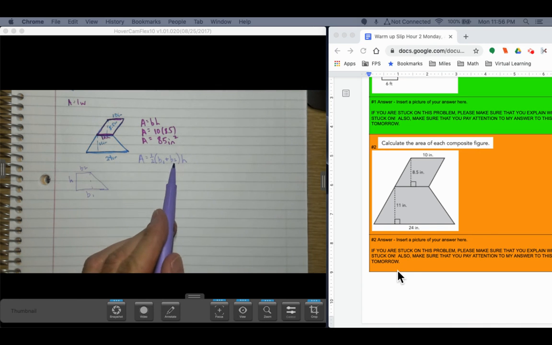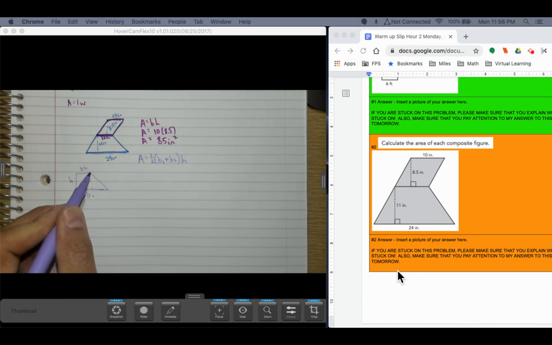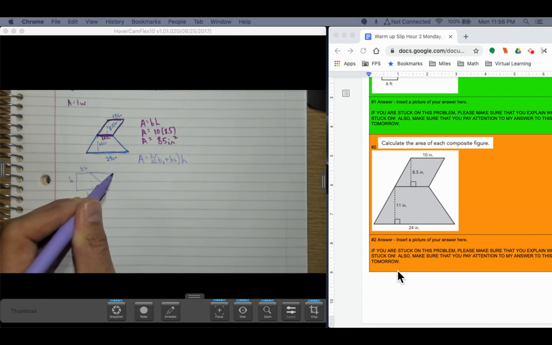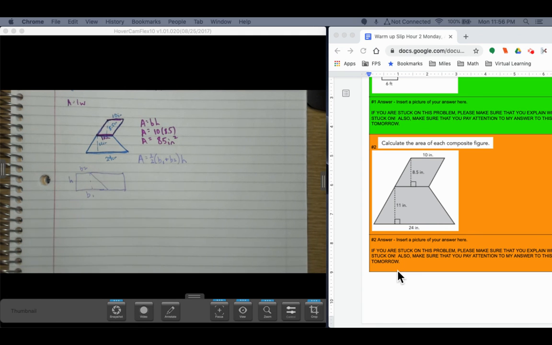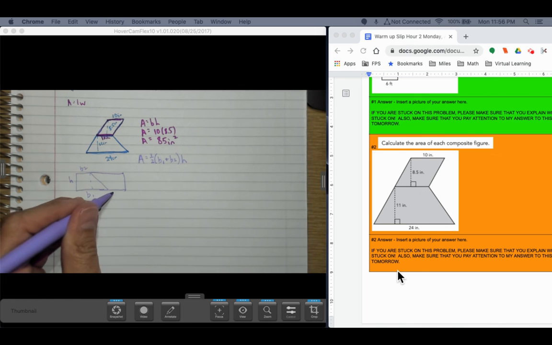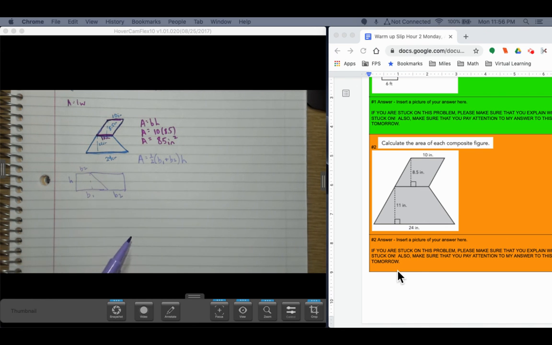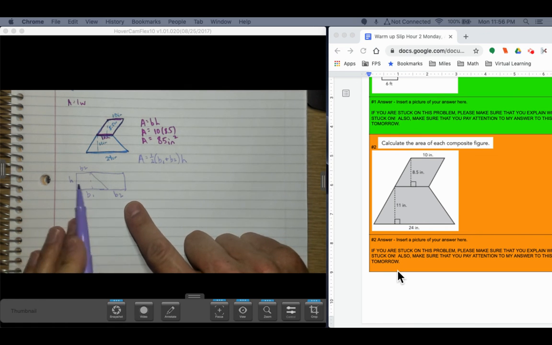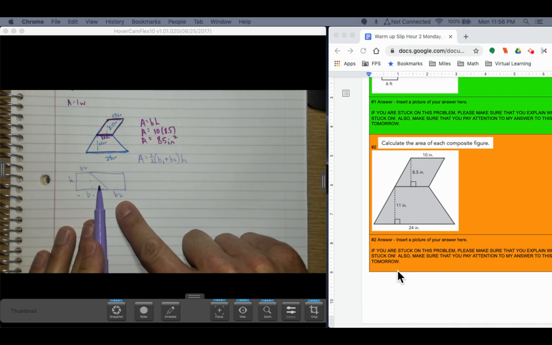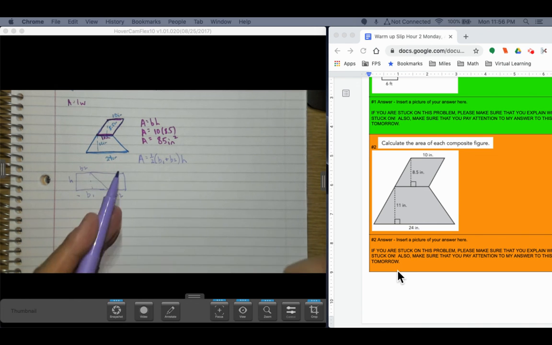To get this crazy formula, what they thought of is if I take this trapezoid and double it and rotate it around, I can make a rectangle. And when I make a rectangle, this right here is base 2. Essentially you're adding the bases together to get the whole base times the height to get the area of the whole rectangle, but that's 2 trapezoids, so then you cut it in half.